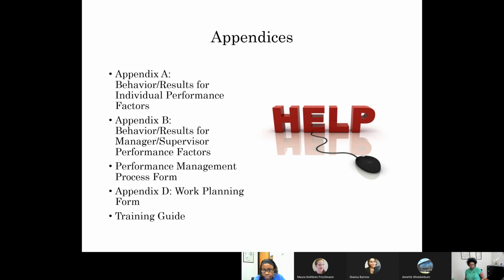Appendix B has behavior stroke results for manager supervisor performance factors. There is a performance management form. You have to scroll up in the chat. You might see it. You don't see it? Okay, let me put it again. You see it now? Okay. Appendix D is the work planning form and training. There's a training guide. Do you see them now?